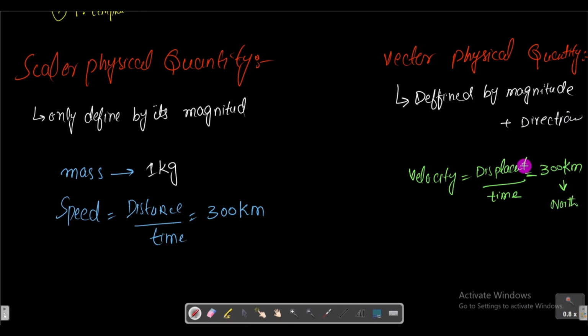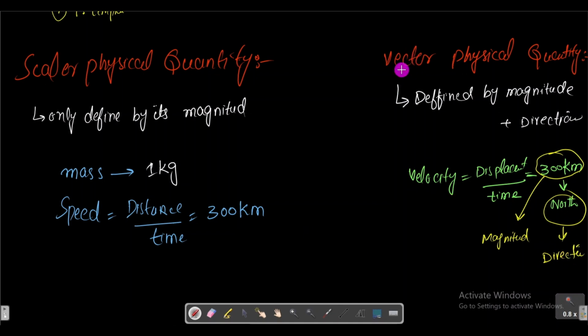So if someone talks about the speed and also shows the direction with it, then that is called velocity, and velocity is actually a vector quantity which has its magnitude, which shows the amount, and also the direction.